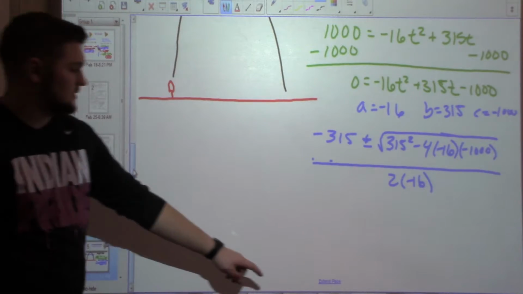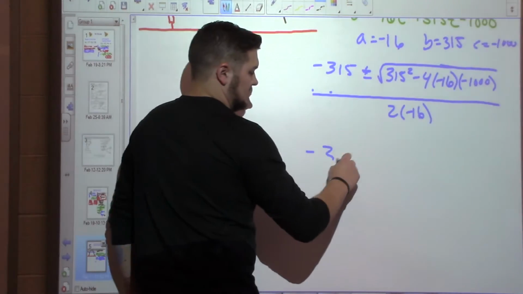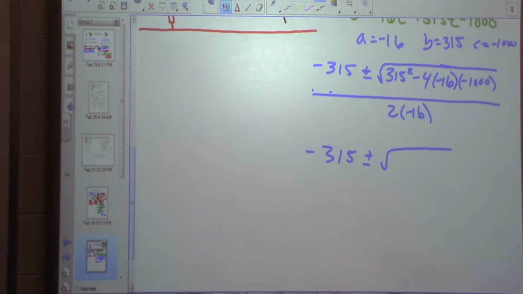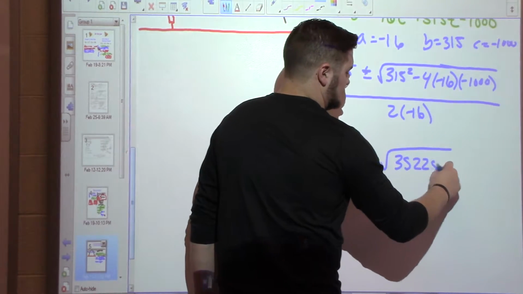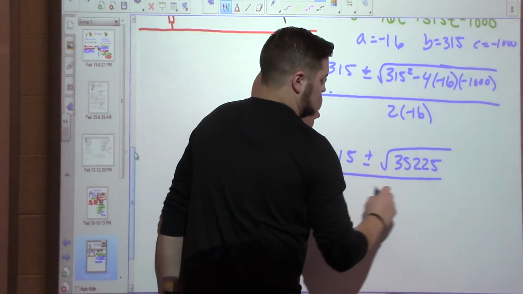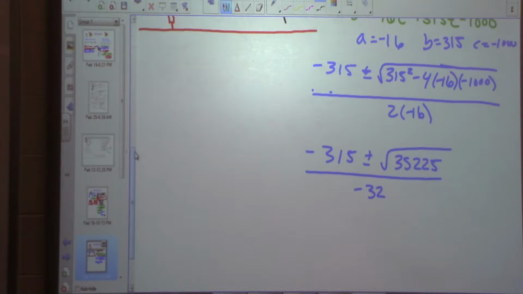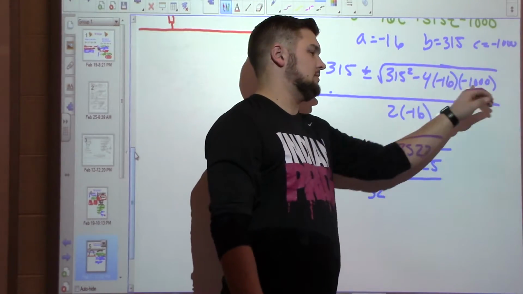So, punch in your calculator. Negative 315 plus or minus the square root. Should get 35,225 over negative 32. Did we all get to that point? All I did to get here is I typed in that b squared minus 4ac.